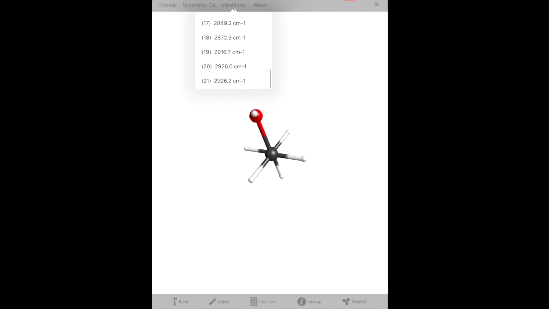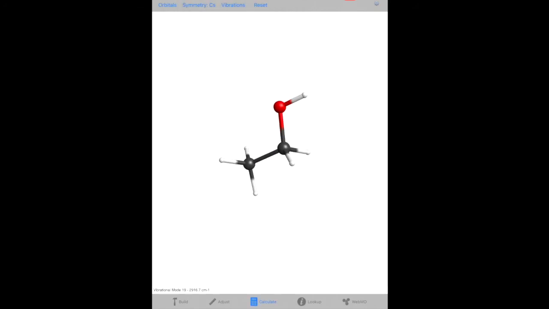I'm going to go ahead and choose a different number now. Let's go back up to like 2900. You can see a different portion of the molecule is wagging or bending or vibrating a little bit more. Let's choose another one. And so that's a different portion of the molecule. And so this is what we mean by bonds stretching or bending.